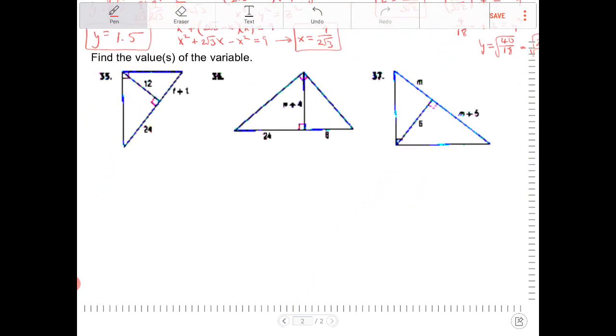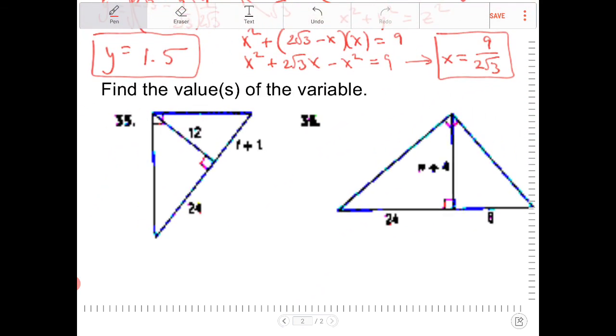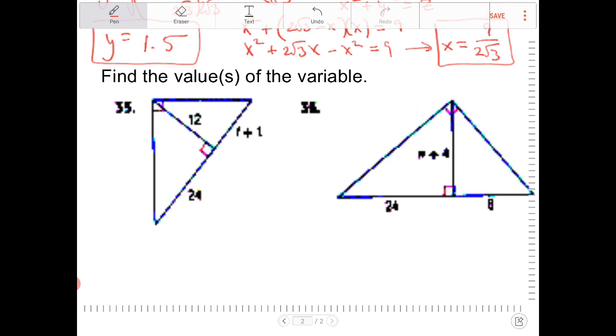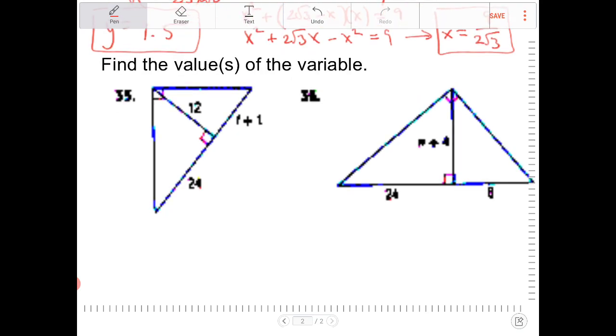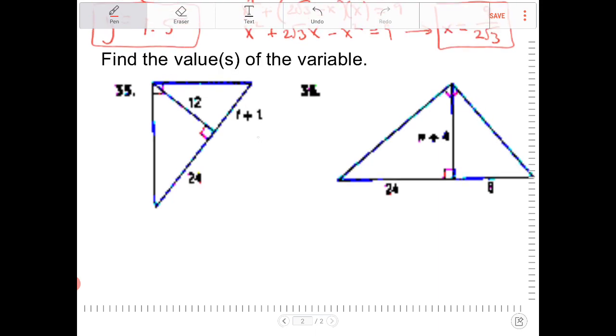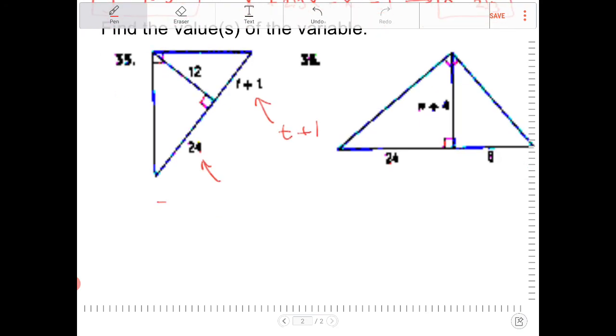Okay, moving on, find the values. Notice that it's an S, so we may potentially end up with multiple values here. So this guy right here is t plus 1, and this is 24. So t plus 1 times 24 is equal to 12.